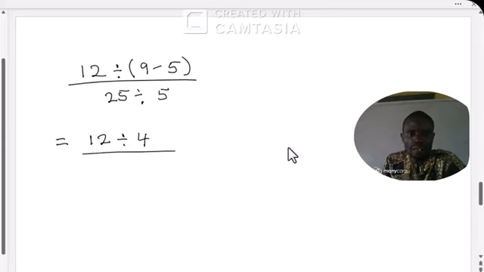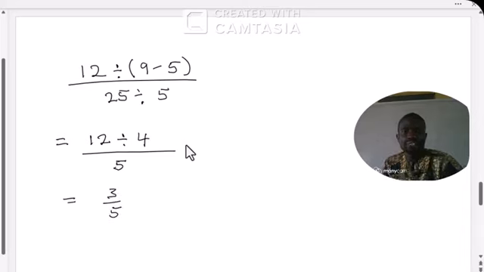Then the operation under the denominator is just division. 25 divided by 5 will give us 5. Now the operation that remains is 12 divided by 4 is 3, then over 5.